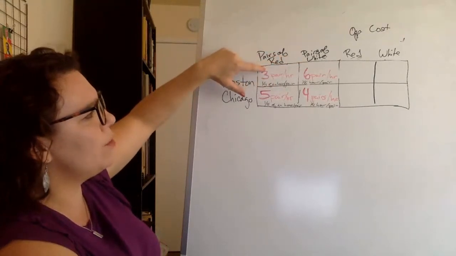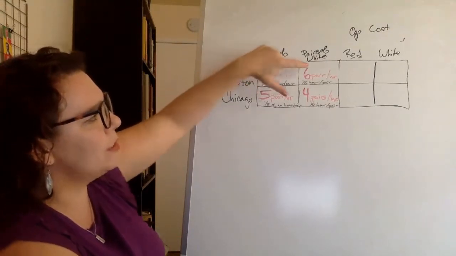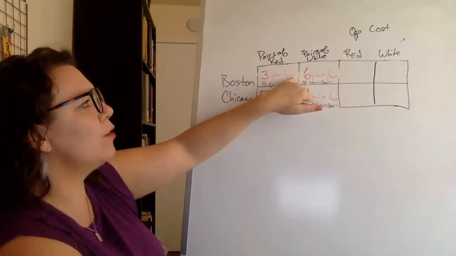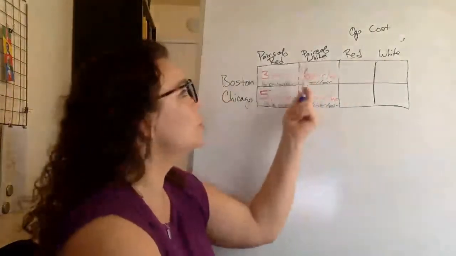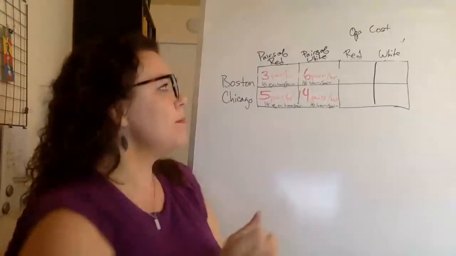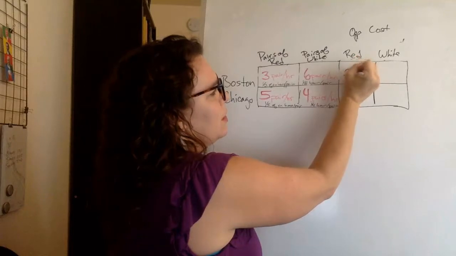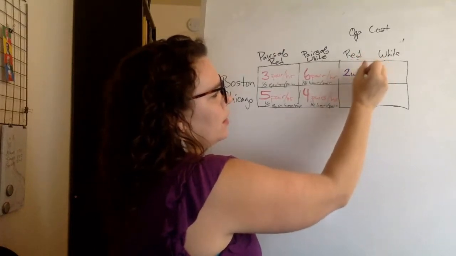Well, if you could produce 3 pair in an hour or 6 pair of white in an hour, that means that every time you produce a pair of Red Sox, you're going to give up twice as many White Sox, because you can produce twice as many White Sox in an hour as you can Red Sox. So that means that the opportunity cost of Red Sox is 2 pairs of White Sox.